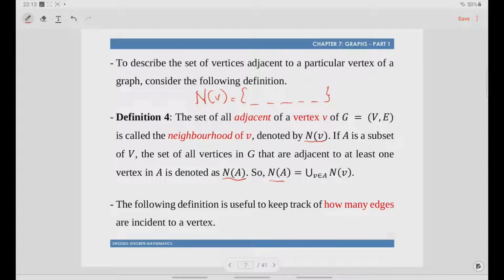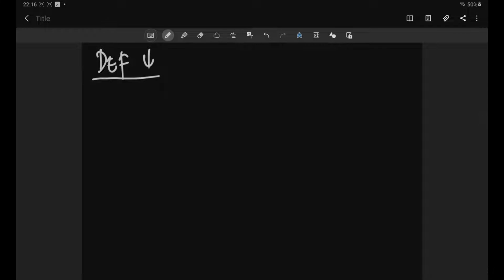To explain definition number 4, I will give you an example.